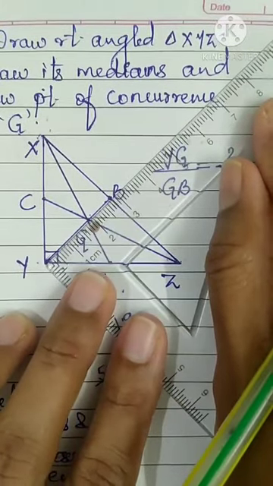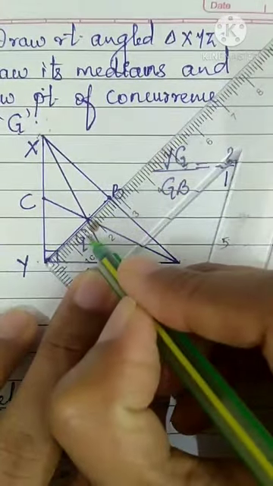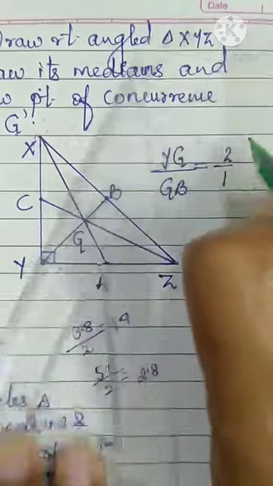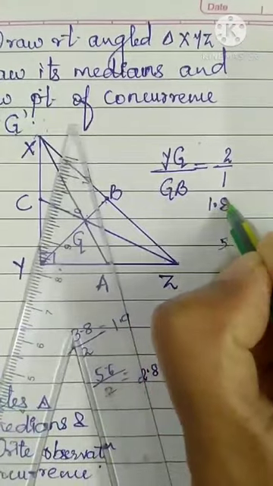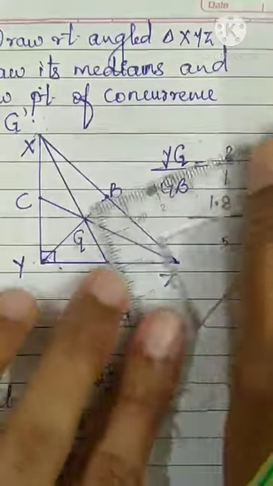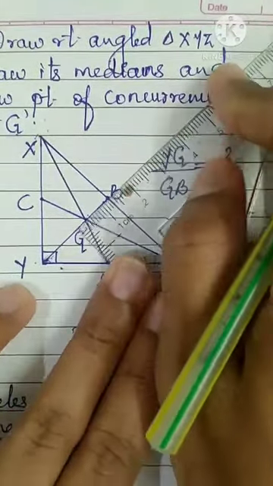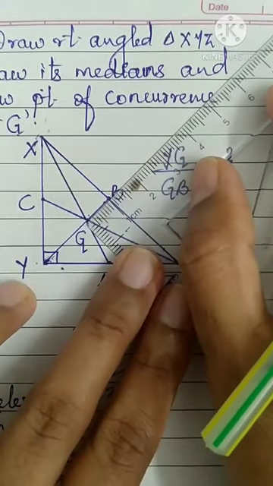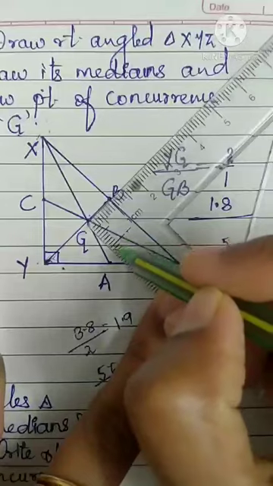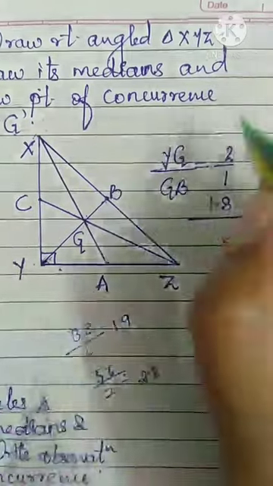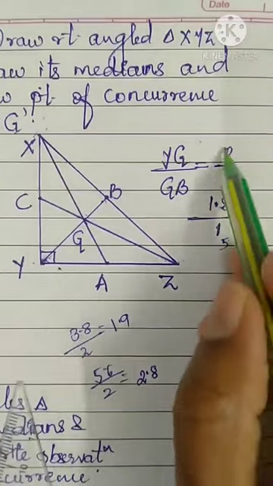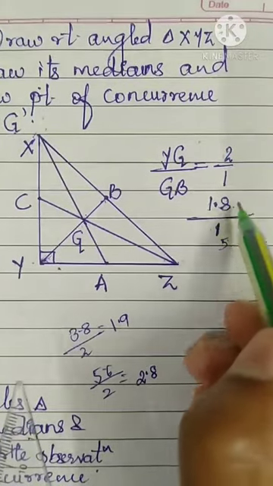As I can see, YG is 1.5, 1.6, 1.7, 1.8. So YG is 1.8 and GB length I'll measure. GB is 1. Okay. GB is 1. So slightly, is it coming to be the same? 2:1.8 means it's nothing but 2 only.